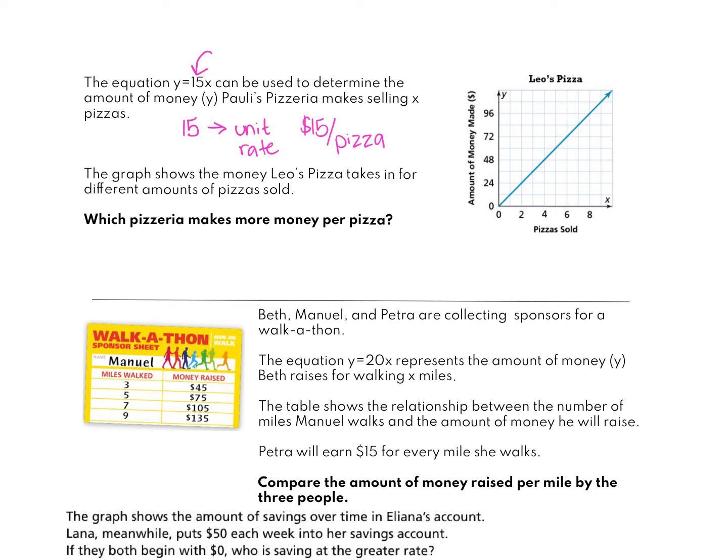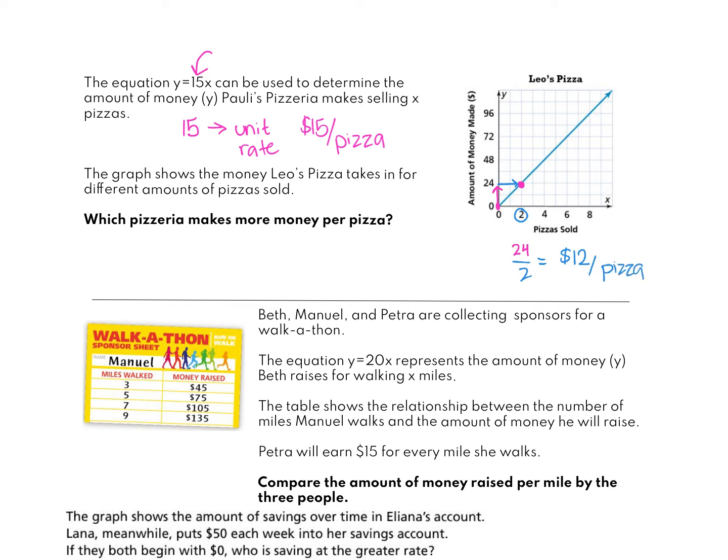I am going to pick this one because it's labeled nicely. If I'm starting at 0, I am going up 24, and then I am coming across 2, and divided by 2, this is going to be $12 per pizza.